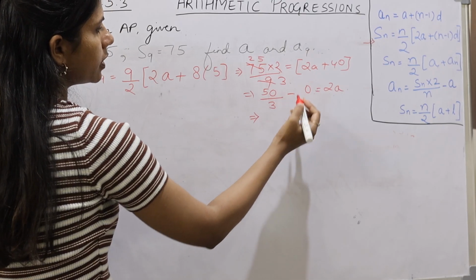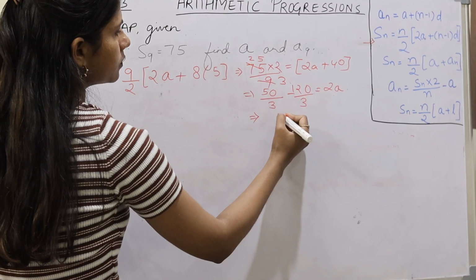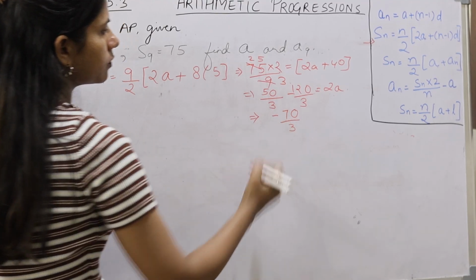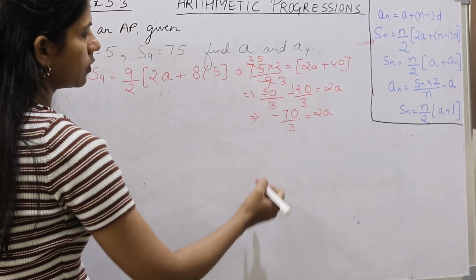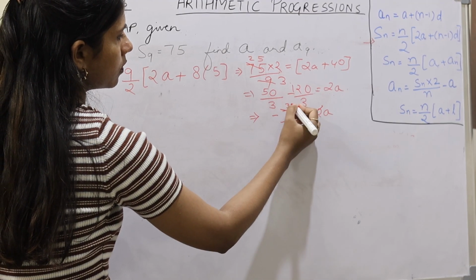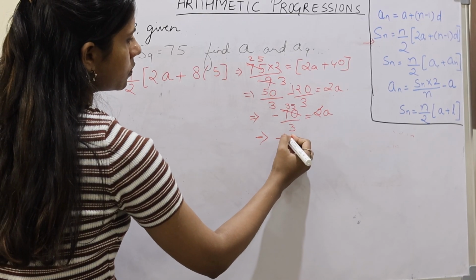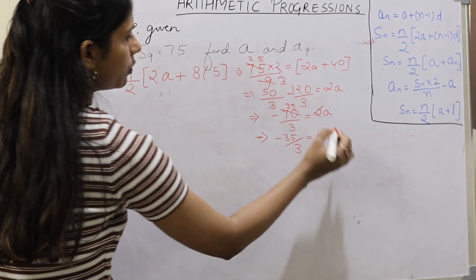We will equate the denominator. So this will be minus 35 by 3 equal to A.